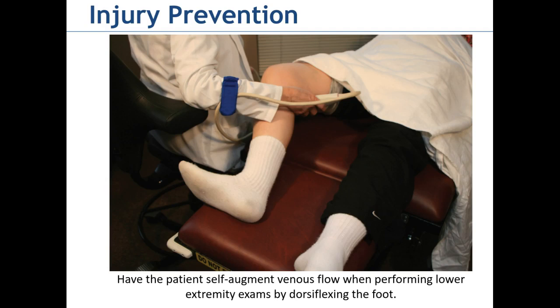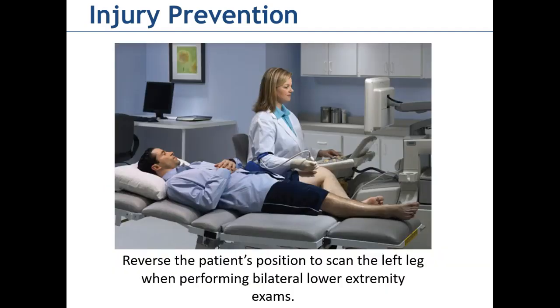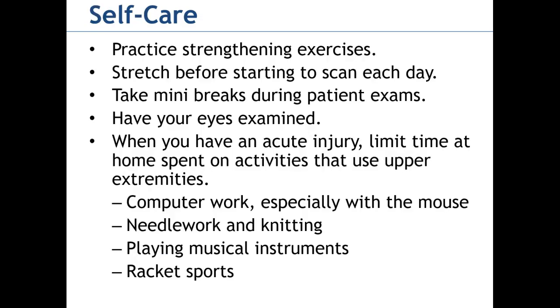You can have the patient self-augment venous flow when performing lower extremity exams by dorsiflexing the foot instead of the technologist making that happen. Reverse the patient's position to scan the left leg when performing bilateral lower extremity exams, so you're not leaning over the patient and putting yourself in a bad position.